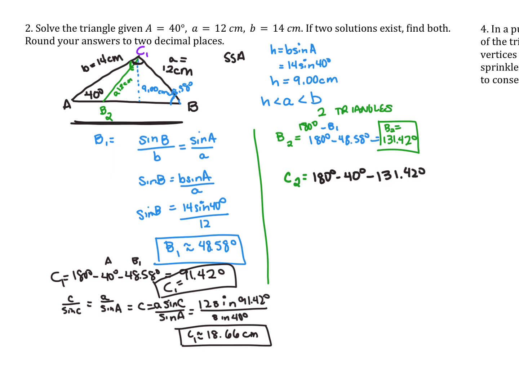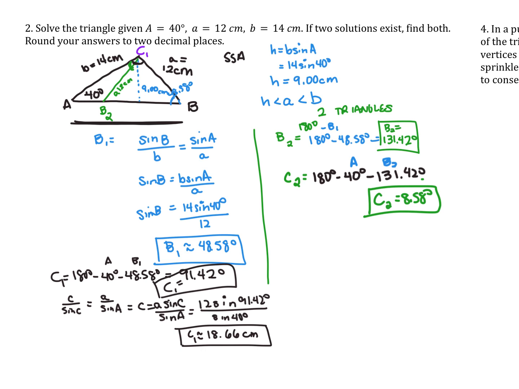Okay, so that is our angle A, and this is B sub 2. So when you solve for that, C sub 2 is approximately 8.58 degrees. So that is the tiny angle here.